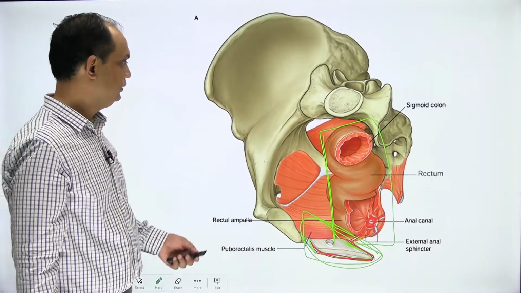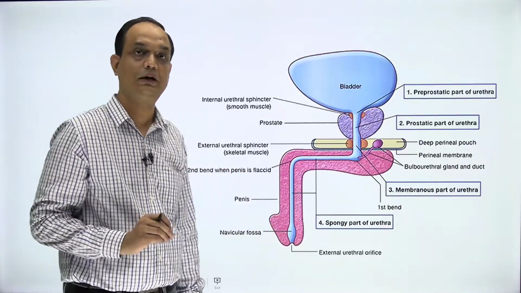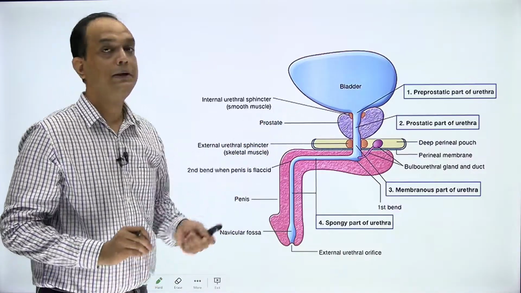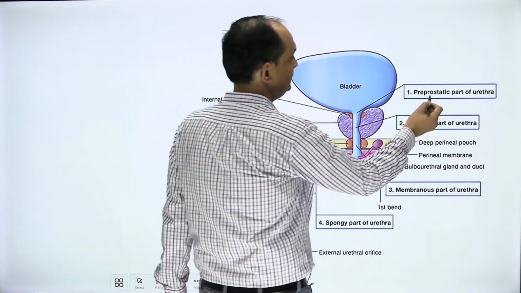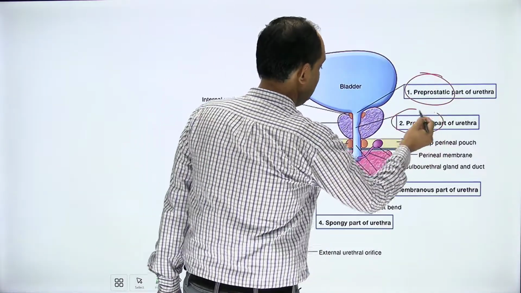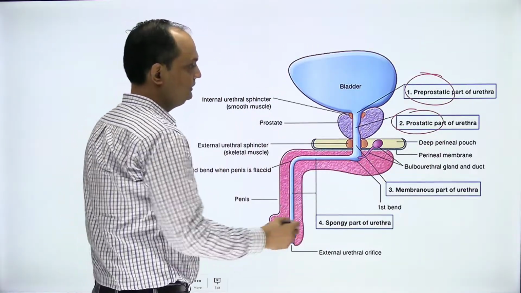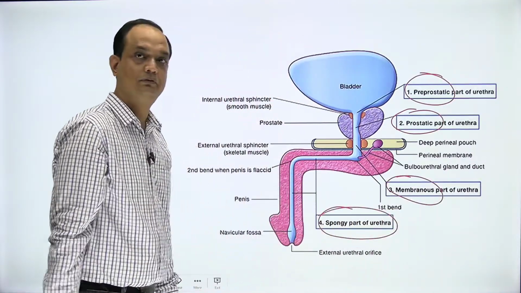Clear? So, what are the basic differences in the male and female urethra? In the male urethra, you have the parts: pre-prostatic, prostatic, membranous part of the urethra, and spongy part or penile part of urethra.